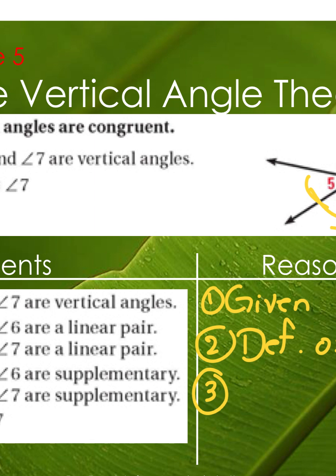Now, step 3 is angle 5 and angle 6 are supplementary, and angle 6 and angle 7 are supplementary. Now, that is the linear pair postulate.